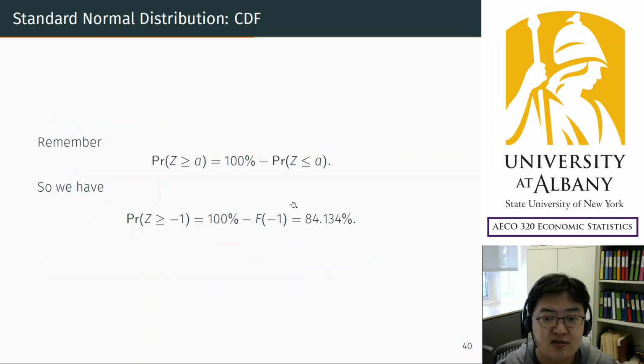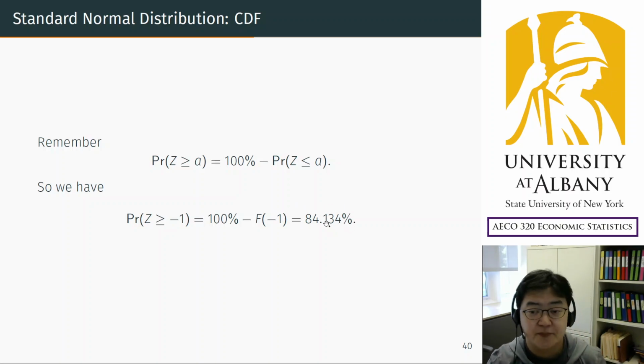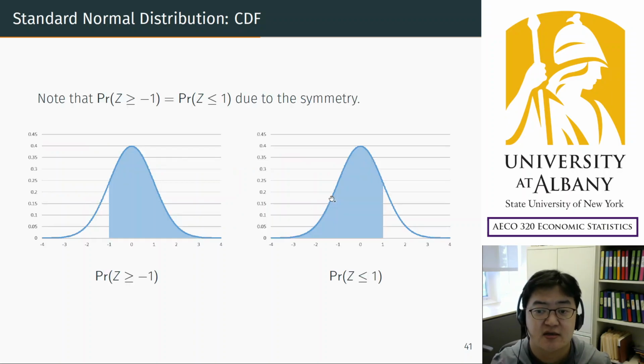If you calculate, it is 84.134%. 100% minus the probability smaller than -1. That's this one, right? So on the graph, what we would like to calculate is this guy, the probability greater than -1. This area.